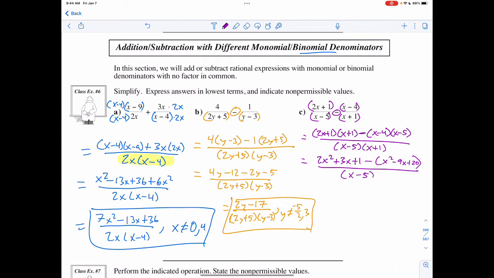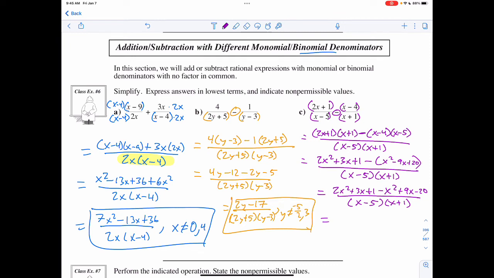All over x minus 5, x plus 1, 2x squared plus 3x plus 1, and when I flip the signs, minus x squared plus 9x minus 20, all over x minus 5, x plus 1.